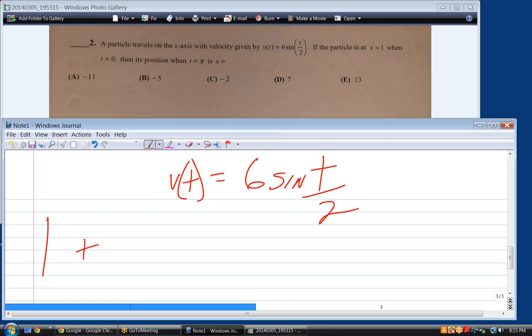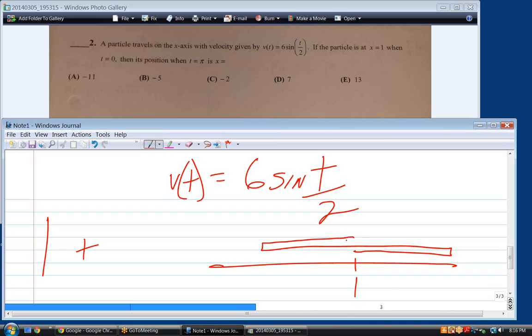Yeah. You got 2 things when a particle is moving on the x-axis. You got displacement, which is the total net change. In other words, if I'm moving on the x-axis and I start at x equal 1, and I go that way, and then I go that way, and then I come back to there, I've got no net change. Mm-hmm. But my distance, which is a different thing, is quite a bit. It's a lot different than the displacement.